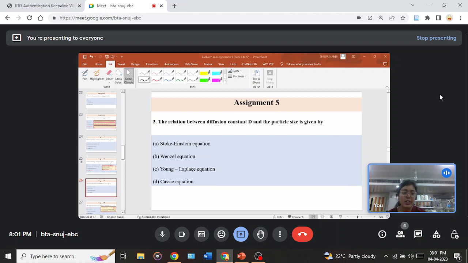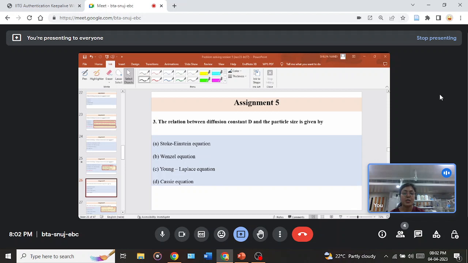During the recap, I think I already discussed the Stokes-Einstein equation as well as the Casey equation. However, we did not go through options B and C, the Wenzel equation and Young-Laplace equation. So you have to tell me which of the following equations gives the relation between the diffusion constant D and the particle size.